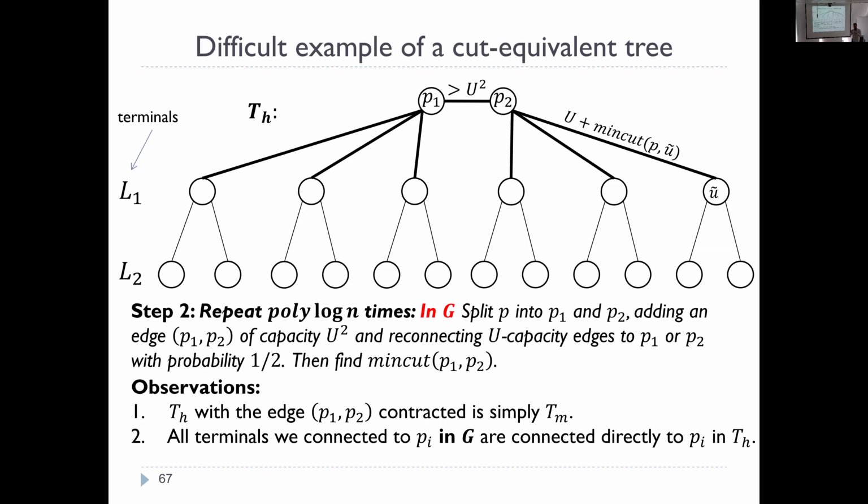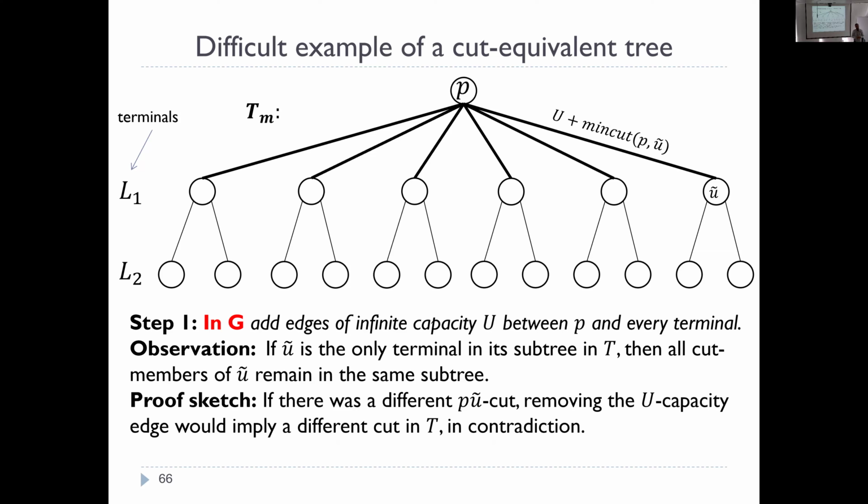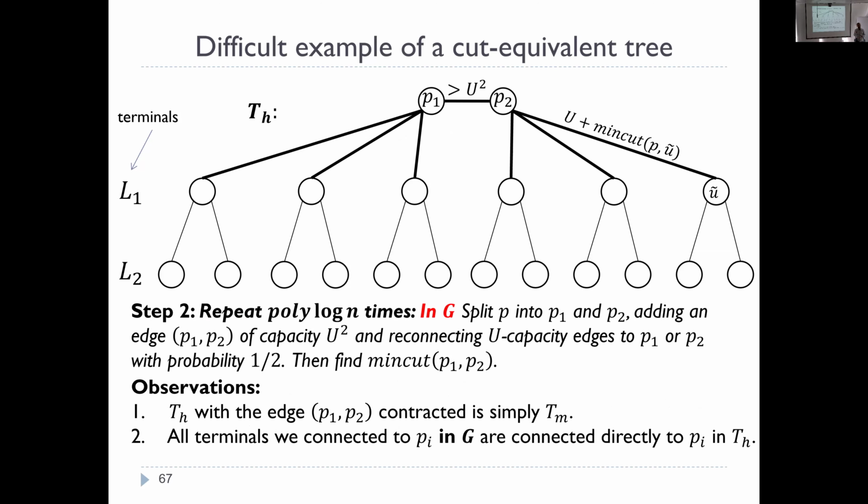We just run it on the result of the first modification, on this graph. We compute a maximum flow and get a minimum cut. In every iteration we get a minimum cut, so we have log n iterations. In each one, we compute the minimum cut between P1 and P2. We get a separation of the nodes, and then eventually we have the sets. Okay.